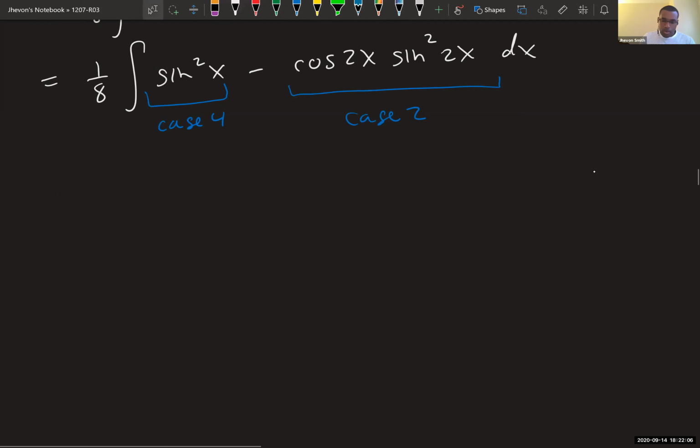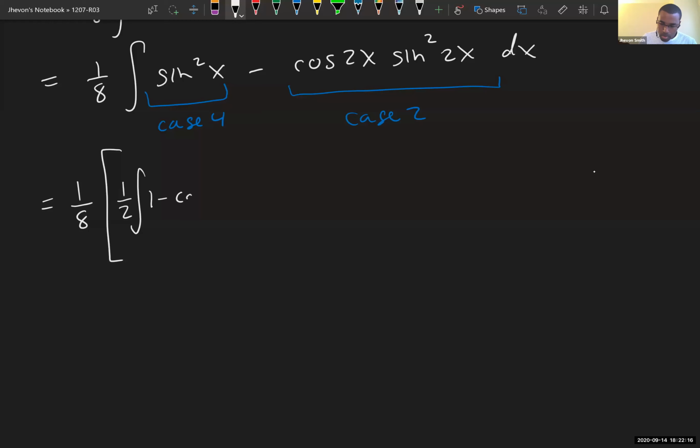In the first scenario, I'm going to hit this with the double angle formula. That's how we deal with case 4. Then for case 2, what we would do is substitution.